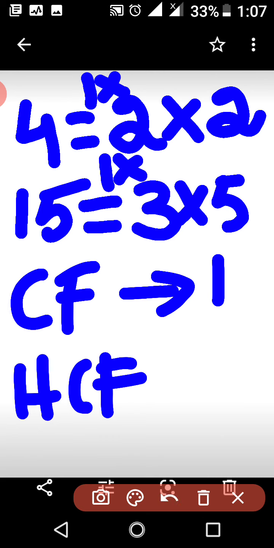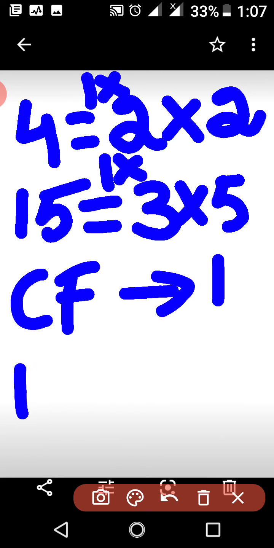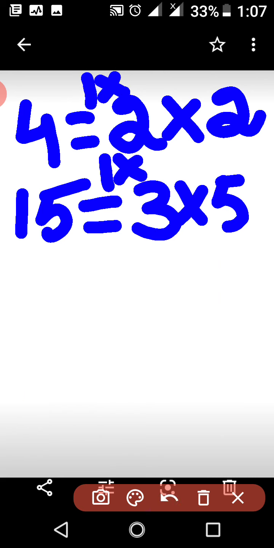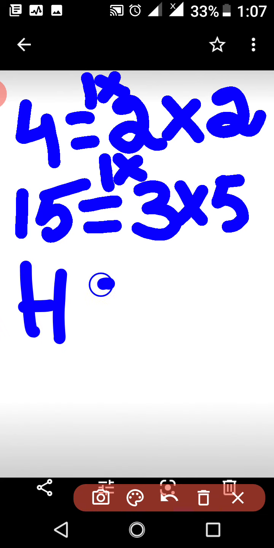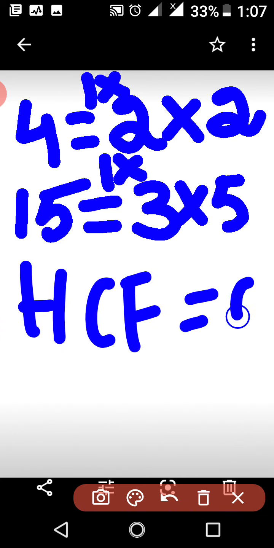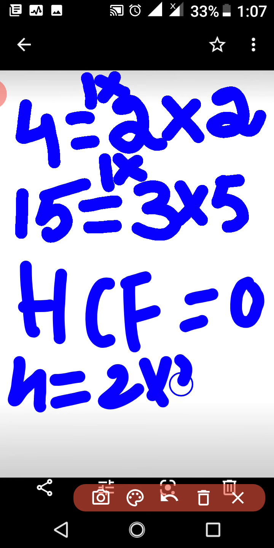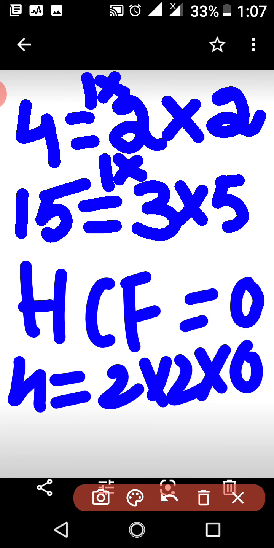For example, if you consider HCF as 0, then what does it mean? The highest common factor for both the numbers is 0, isn't it? So 0 is a factor for 4 and 0 is a factor for 15 also.